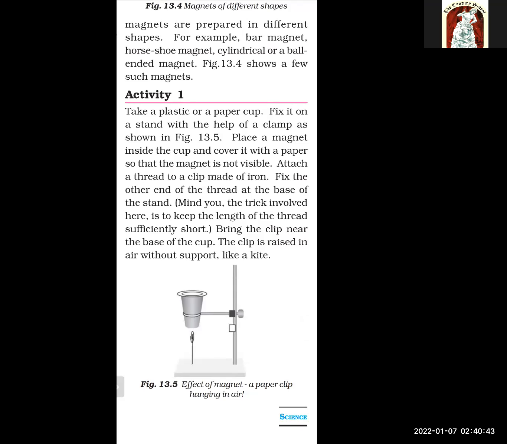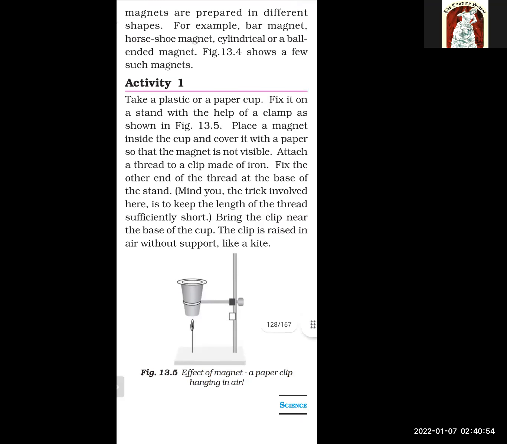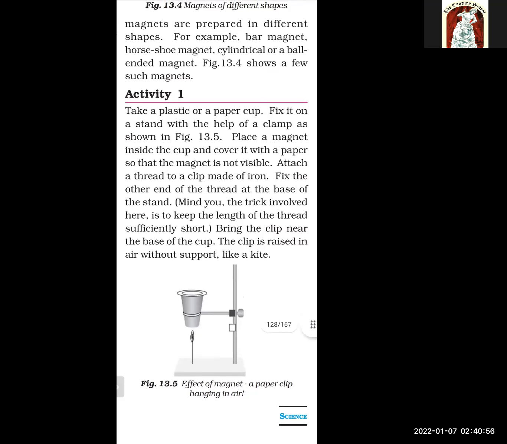So firstly, we will take a plastic or paper cup, fix the stand with the help of the clamp, then put the magnet inside the cup and cover it with paper, so that the magnet is not visible.